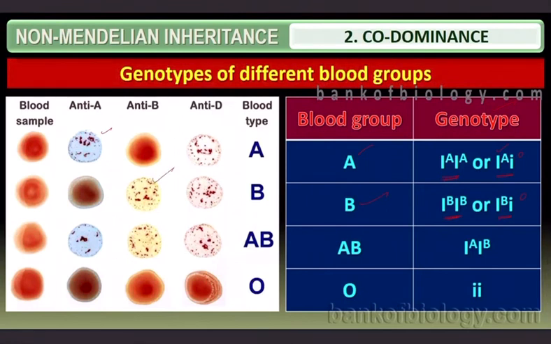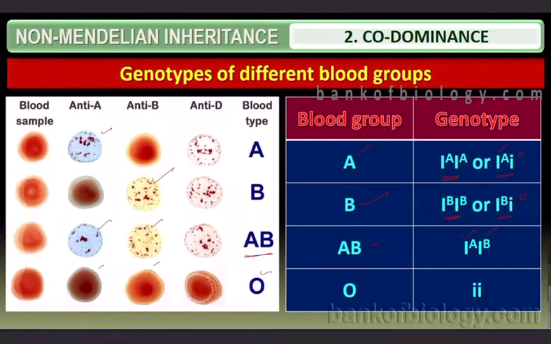And then you have got blood group B, wherein the genotypic form can be IB, IB, both the alleles dominant one, or it can be IB, I0, right? So you are seeing here presence of antigen B. Antigens are present here in B blood group. And then you have got AB blood group. That is, the allelic forms will be presence of IA as well as IB.